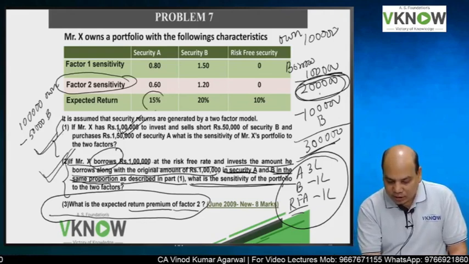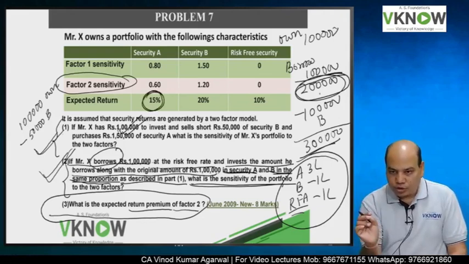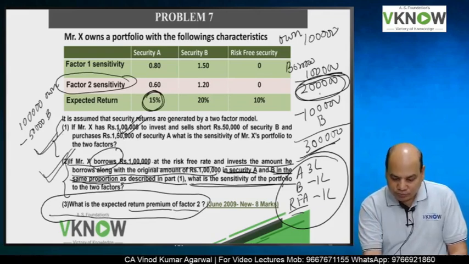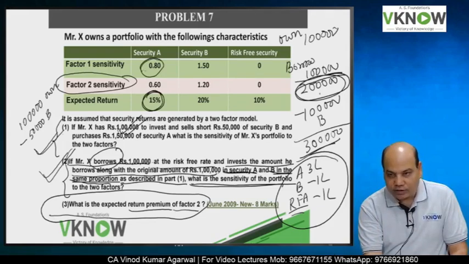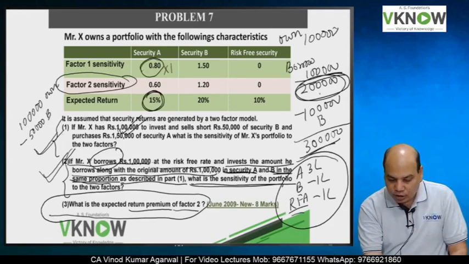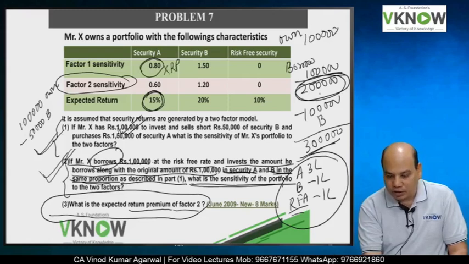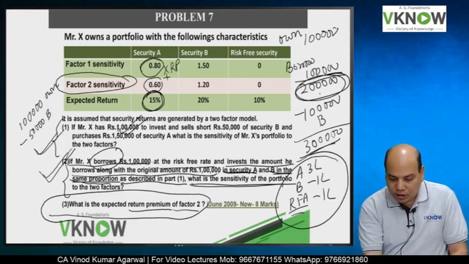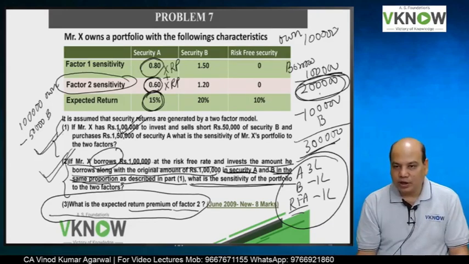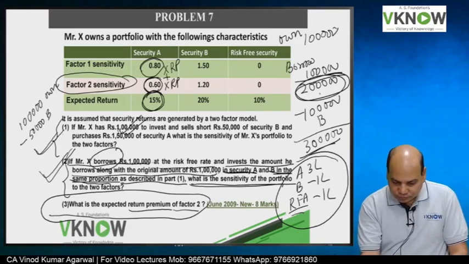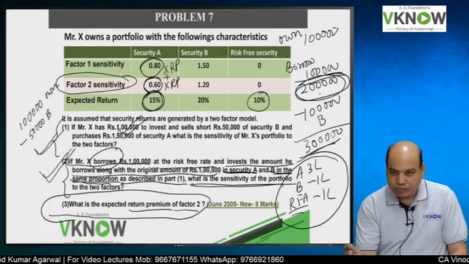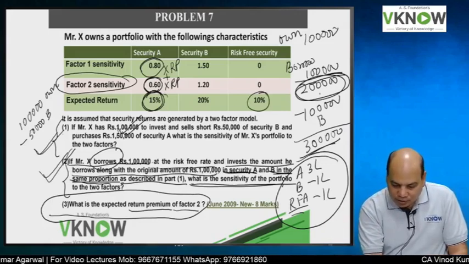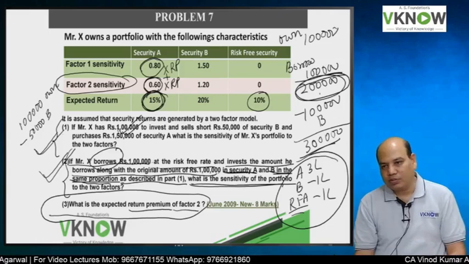The expected return of a stock is equal to beta of factor 1 into risk premium of factor 1 plus beta of factor 2 into risk premium of factor 2, plus risk free return, and that should be equal to 15%.